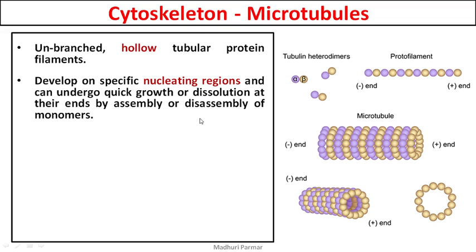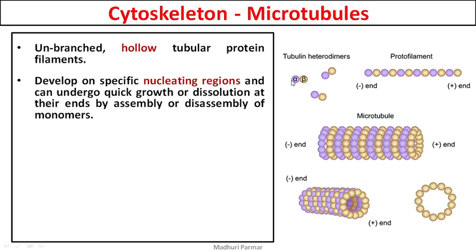To understand this, let us first understand the parts of a microtubule. It is made up of one type of protein, called tubulin. Write it down. The protein is called tubulin. Now this tubulin protein has two varieties. One is called alpha tubulin, which is shown here in purple color, and the other one is beta tubulin, which is shown in golden color.